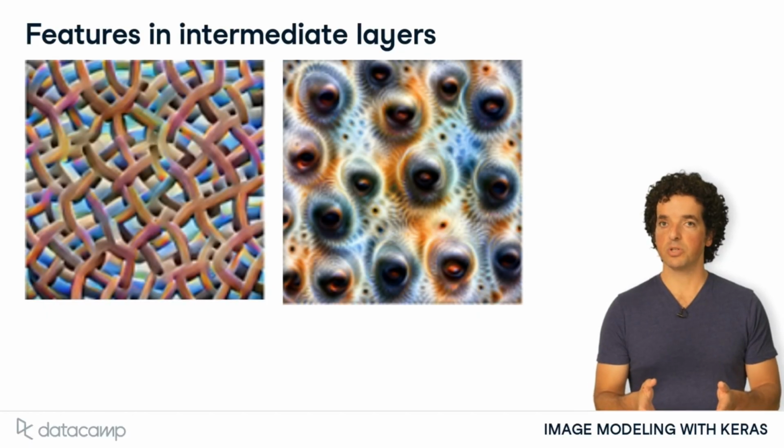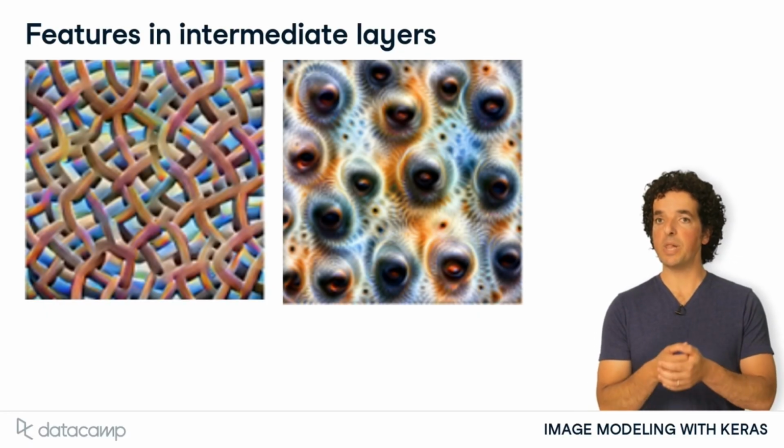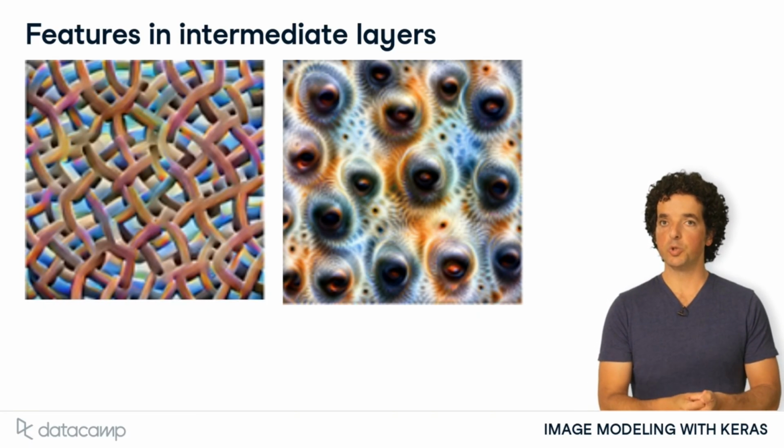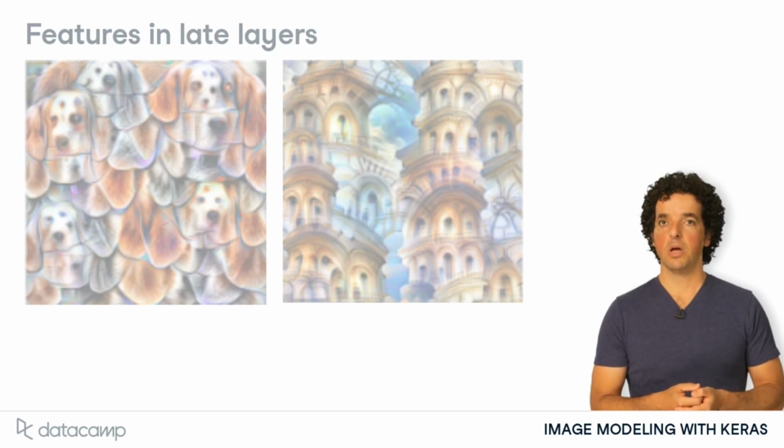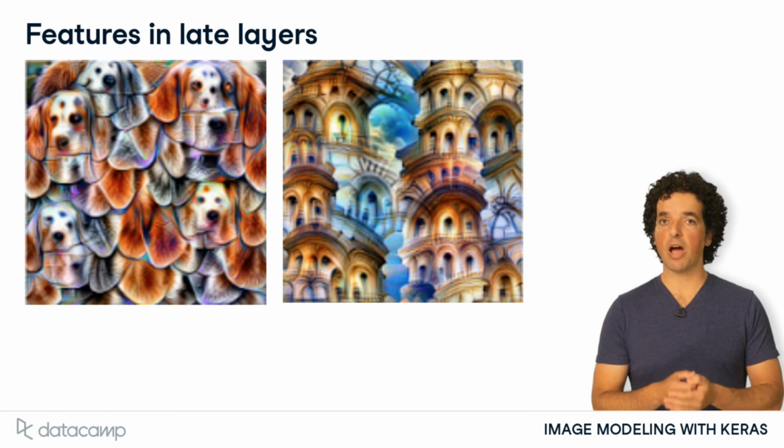Intermediate layers of the network tend to respond to more complex features that include simple objects such as eyes. By the time the information travels up to higher layers of the network, the feature maps tend to extract specific types of objects.